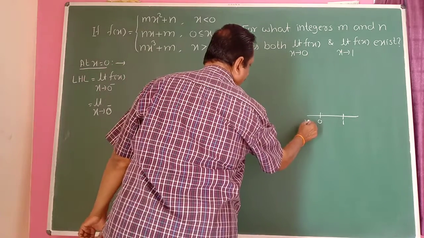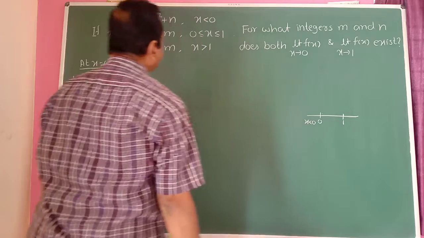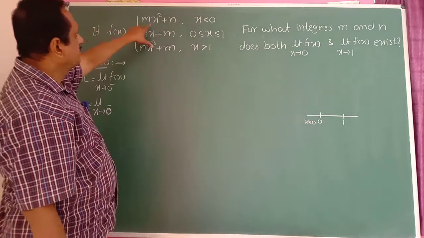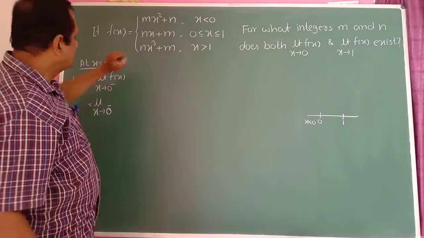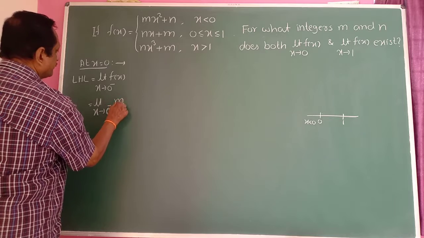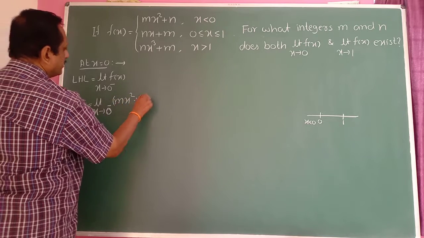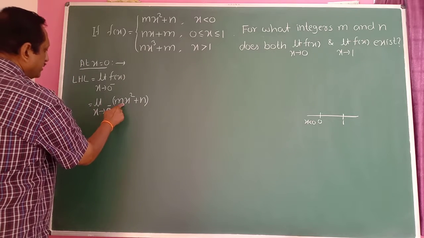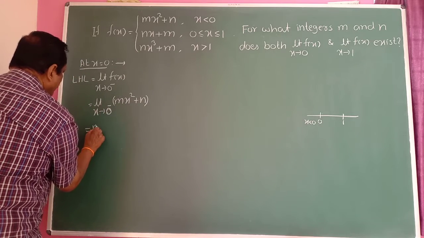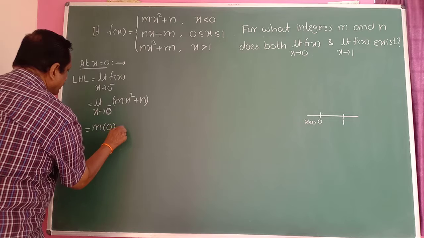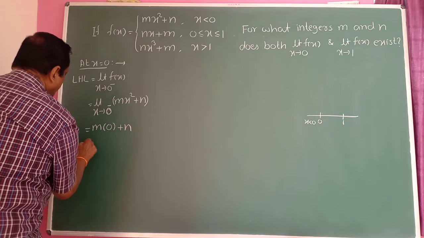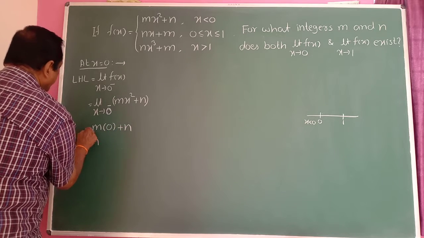For x less than 0, the function is mx square plus n. Then put x value 0 here. Therefore m into 0 plus n, so the value is n here.